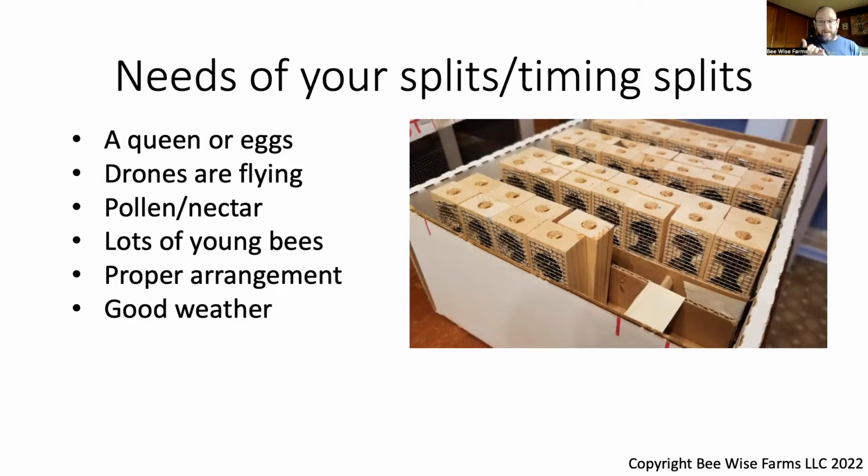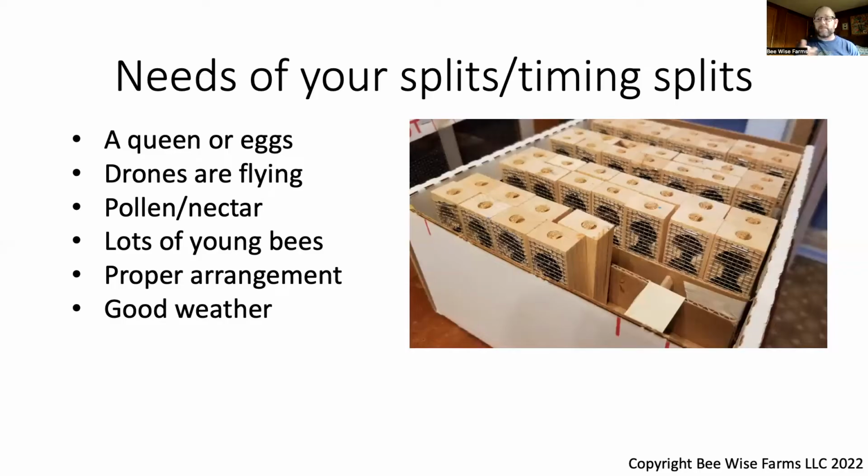Now, you can add a mated queen early in the season, and generally those are purchased from suppliers in the south or out west, because in the north, we don't have the weather to raise queens that early in the season. We always have to import early season queens to do splits because we just don't have the weather to get mated queens here. So you're going to need either a mated queen that you've purchased from somewhere, or you're going to need a frame of eggs from the donor colony.